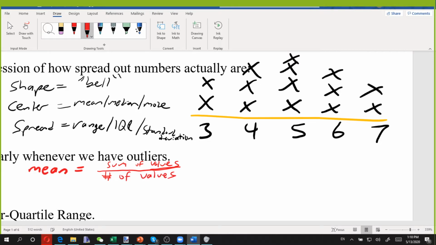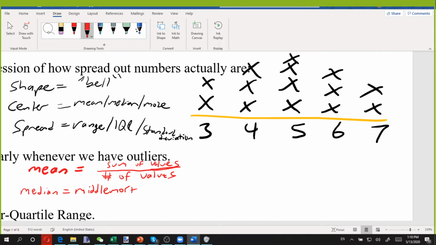Okay, Jana, how would I find the median of this data set? Okay, median means middlemost, you're right.